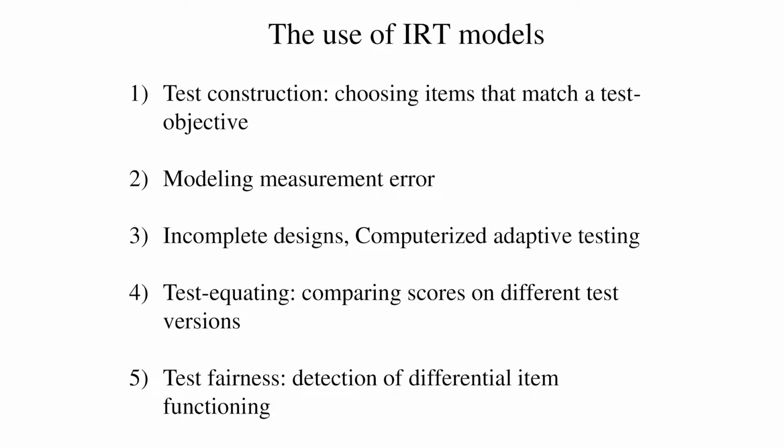Fourth is test equating, so comparing the scores on different test versions and still being on a common scale. And a fifth application is test fairness. So that has to do with detection of differential item functioning, so detection of items that disadvantage certain groups of students. So these are a couple of things that they're good for.